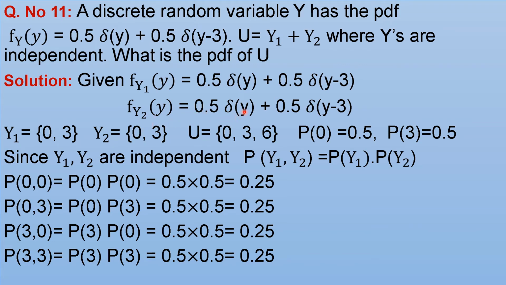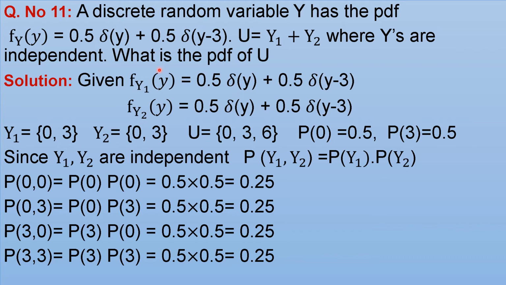The probability that y2 takes value 0 is 0.5, and the probability that y2 takes value 3 is 0.5. So the probabilities of 0 and 3 are 0.5 each. Since y1 and y2 are independent, the joint probability of y1 and y2 will be equal to the probability of y1 times the probability of y2.